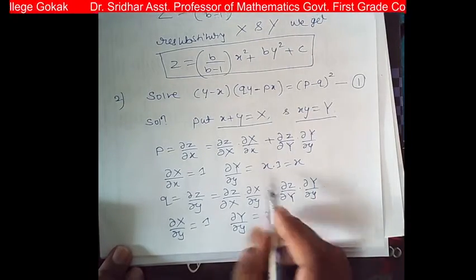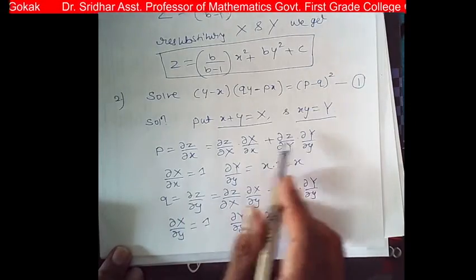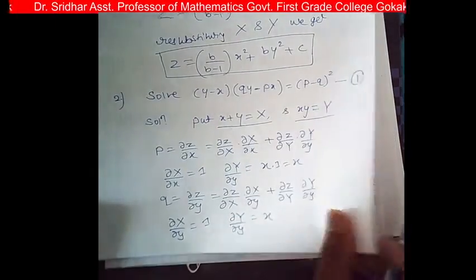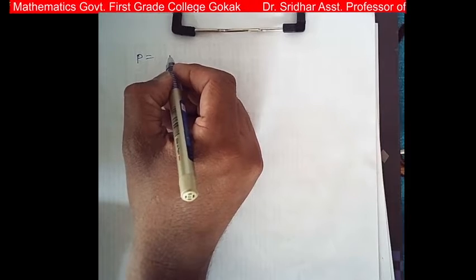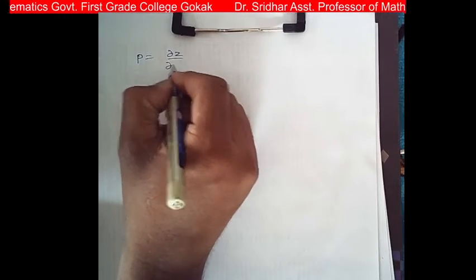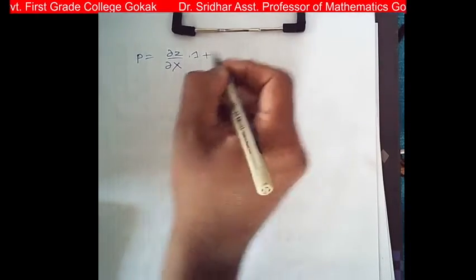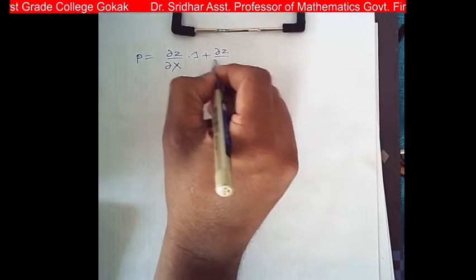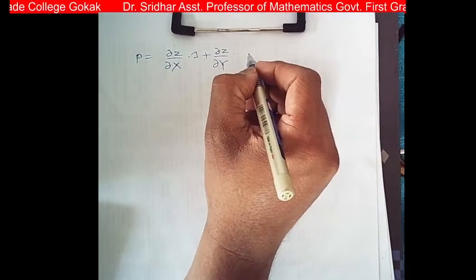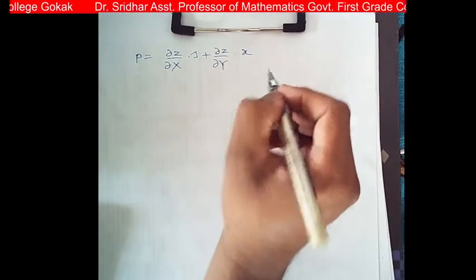So substitute all this in this equation. Okay, so which gives q is equal to ∂z/∂X, ∂X/∂y is 1, ∂z/∂Y, ∂Y/∂y is again x.